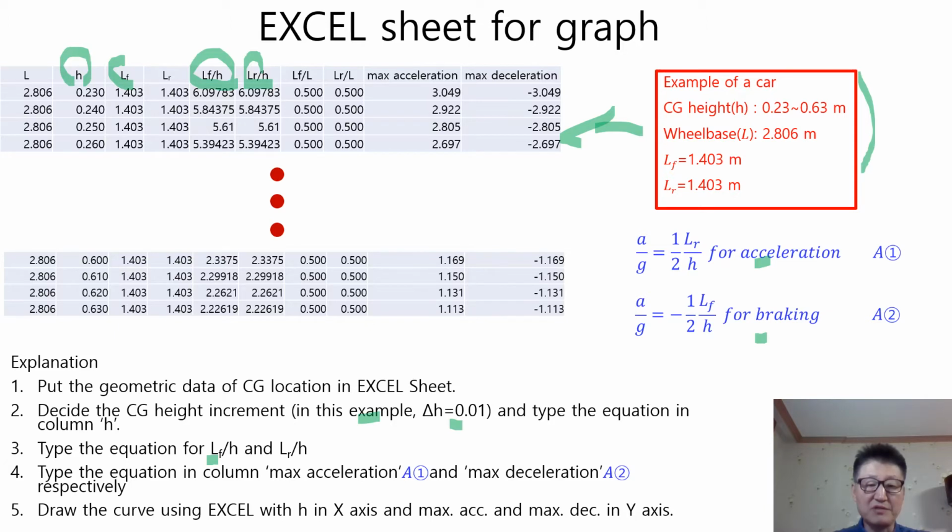And type the equation in the columns max acceleration and max deceleration for equation A1 and A2 respectively. Draw the curve using Excel with H on the x-axis and both the maximum acceleration and maximum deceleration on the y-axis. That's all, guys. Isn't it simple?